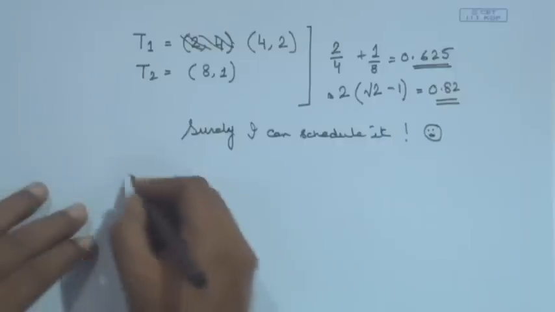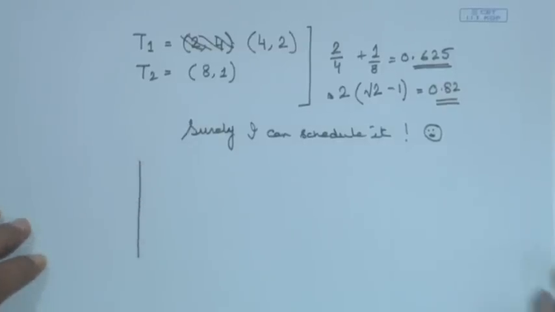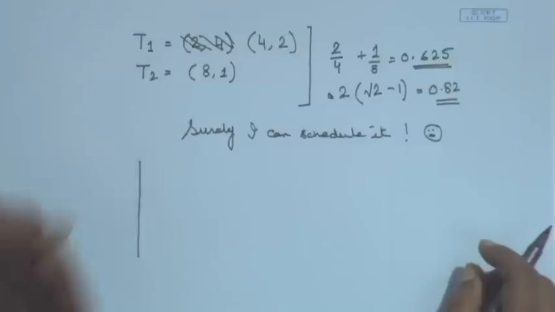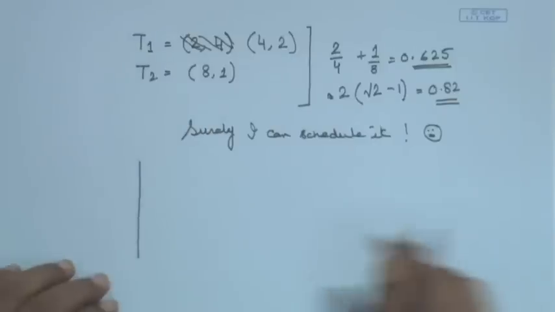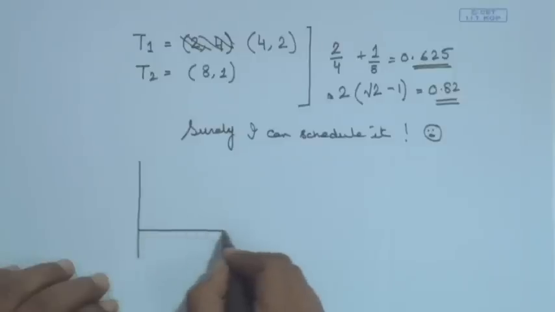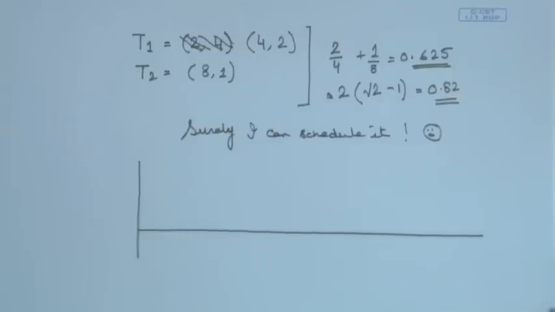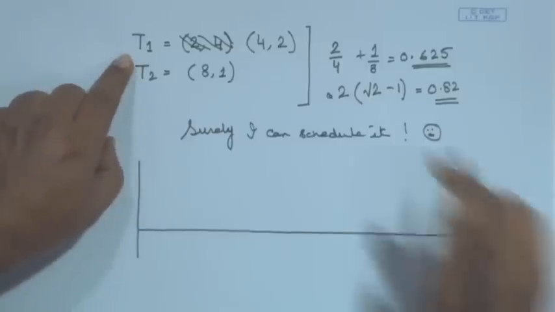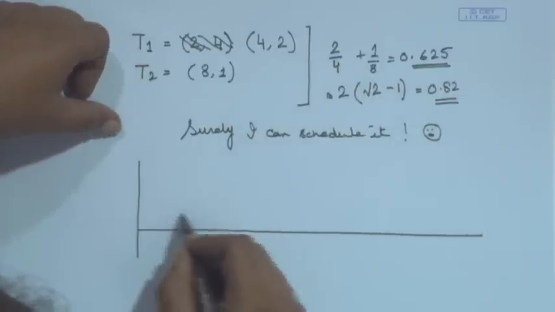Therefore, now let me try to schedule it here. That is a revision of the rate monotonic scheduling algorithm I am trying to do here. So, which one has got the higher priority? T1. So, T1 will come in and T1 will take 2 execution units.